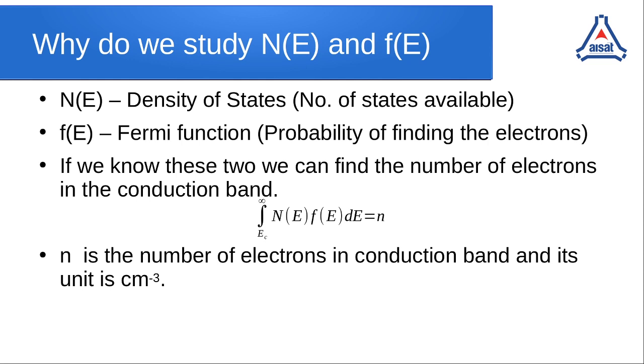It's very simple. If we know these two values, we can find the number of electrons in the conduction band, which is given by the equation integral from EC to infinity. EC is the energy of the bottom of the conduction band.